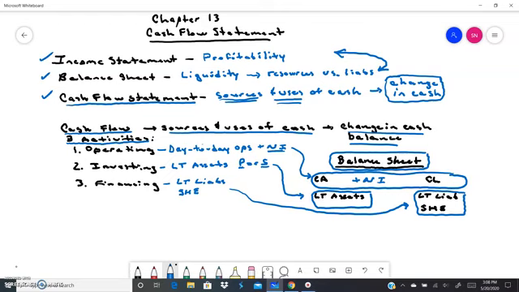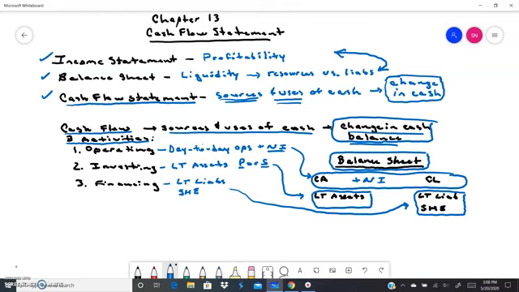So if all of the changes in all of these accounts are reflected on our cash flow, then we should end up with the change in the cash position of the company for the period. We're going to want to make sure that we have accounted for every change in every balance sheet account. If we do that, then we're going to have everything in our cash flow, and the resulting balance is going to be the change in our cash balance. And that's, of course, what we want to get to. So that's how this is going to work.